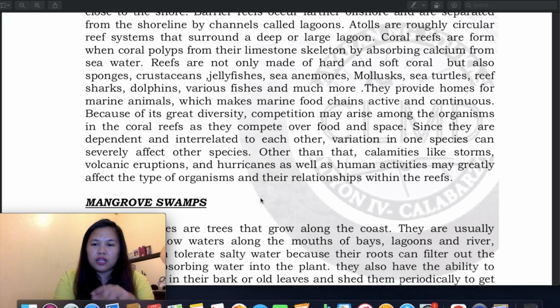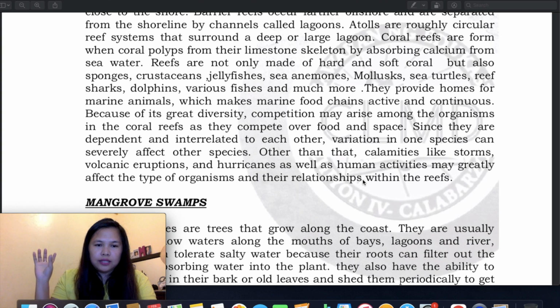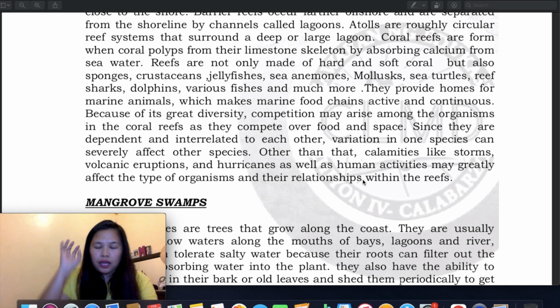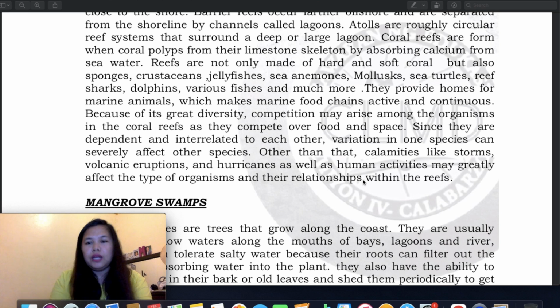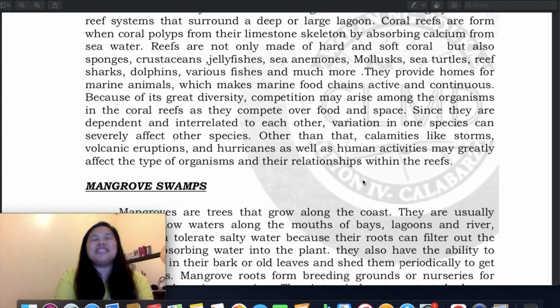Kasi kapag may bagyo, malaki yung waves, masisira din yung mga corals na puputol, mga ganon. When there is a volcanic eruption, kapag ang vulkan ay nasa ilalim ng dagat, so, mapapause din siya ng effect. And the hurricanes, so hurricanes yung mga typhoon, super typhoon. Yun nakakasira sa ating reefs.